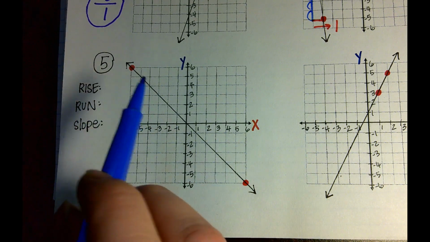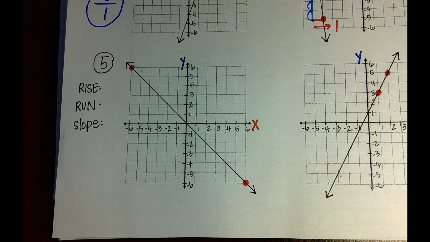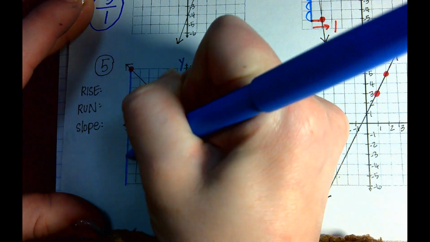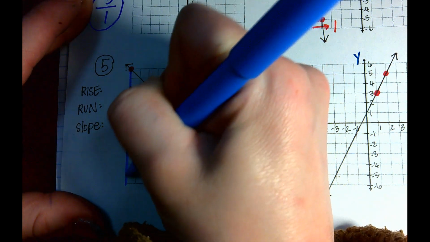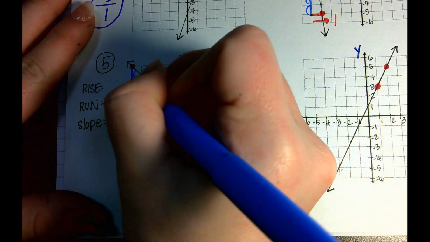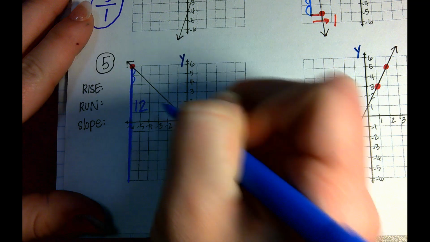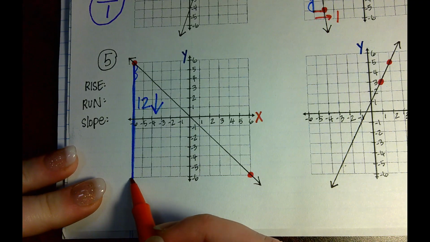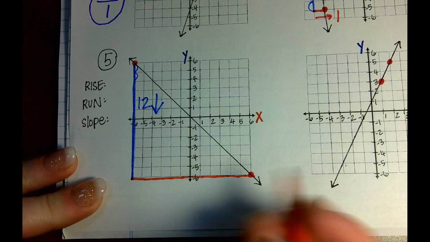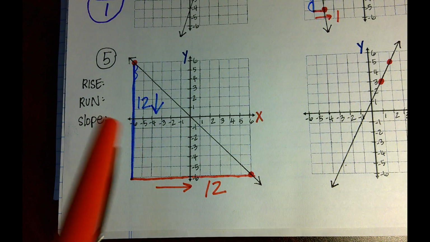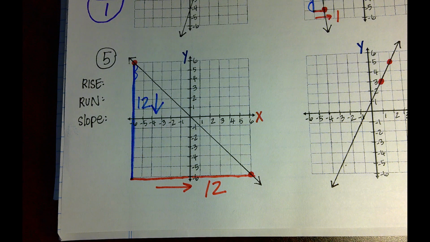And am I going to trace my rise down or up? I'm going to go down. Which is 12. There are 12 down. And then over 12 again.